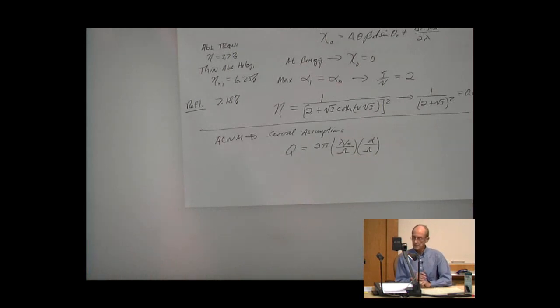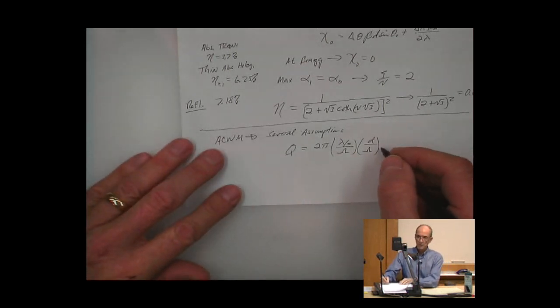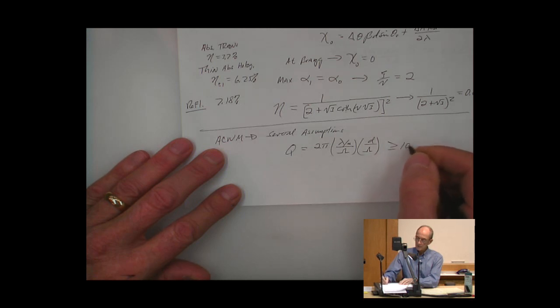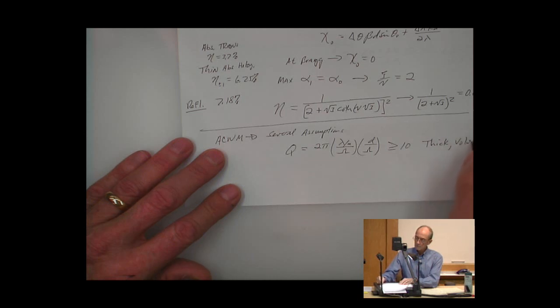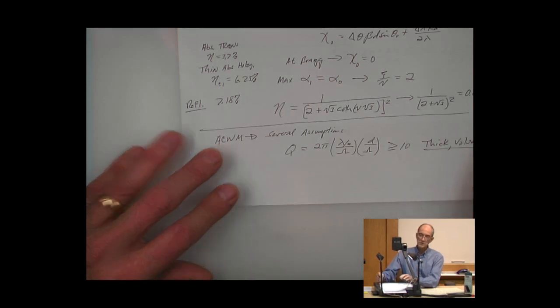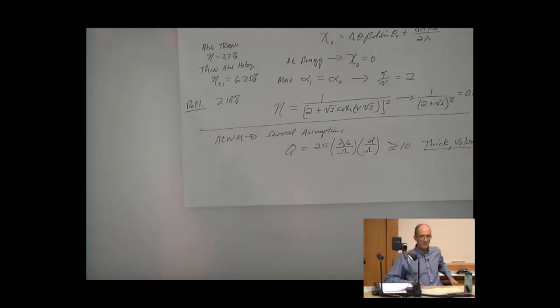What he said was that if this Q parameter is greater than or equal to about 10, then you'll have a thick or volume hologram, and you can use his approximate coupled wave model.